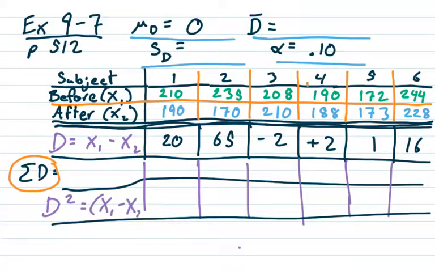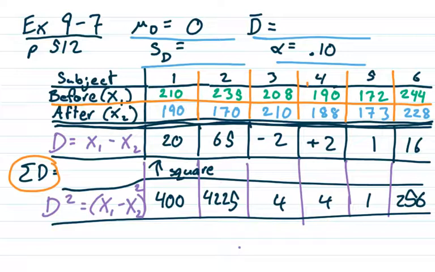So this is x1 minus x2, whole quantity squared, and we've already calculated x1 minus x2 for all of these, so we're just going to take that and square it. And we've got all of those values filled in carefully, and then we're also going to be adding up all of those squares.